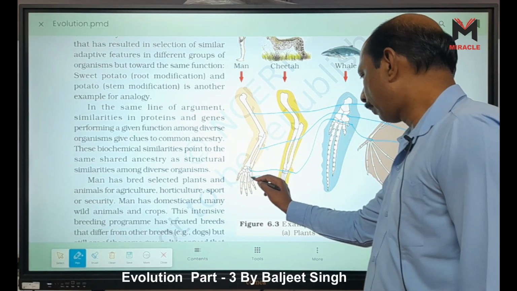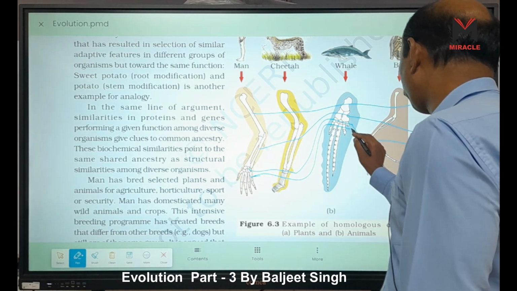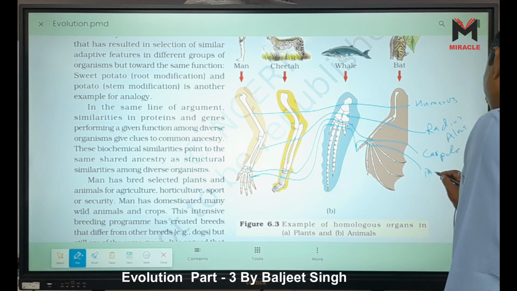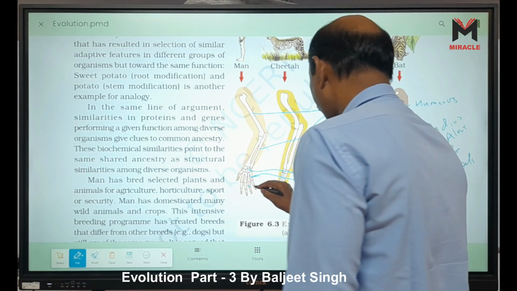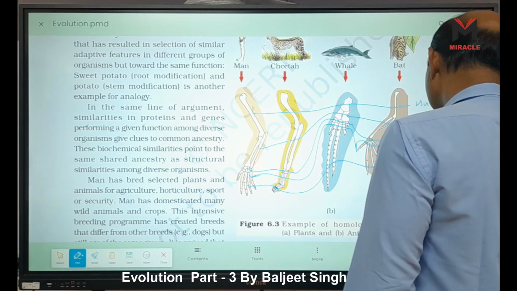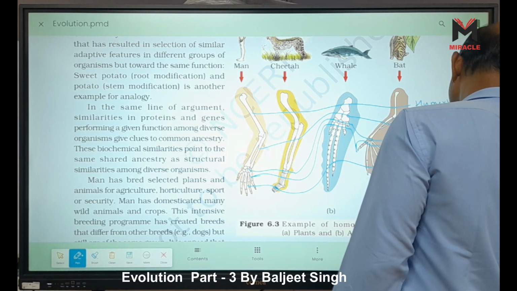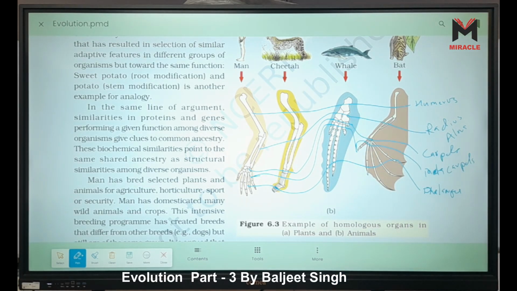Now these are metacarpals, this one a metacarpal, and then this one a metacarpal, and these are phalanges. Anatomically they are the same.